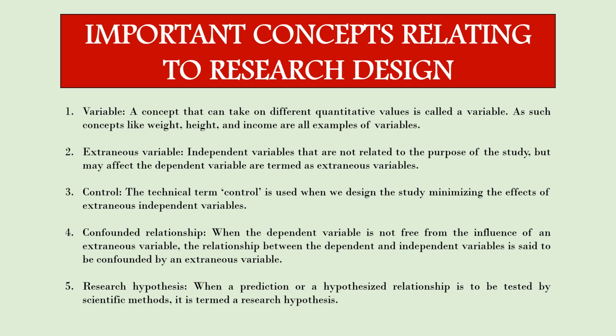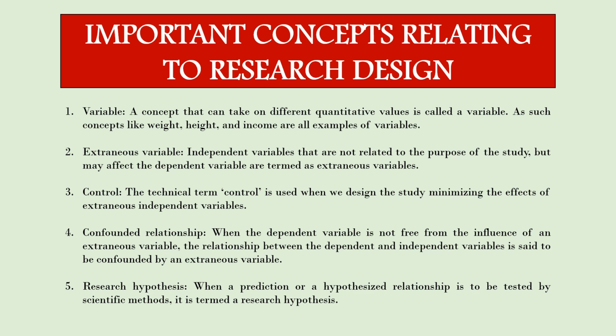Next is confounded relationship. When the dependent variable is not free from the influence of the extraneous variables, the relationship between the dependent and independent variables is said to be confounded by the extraneous variables.